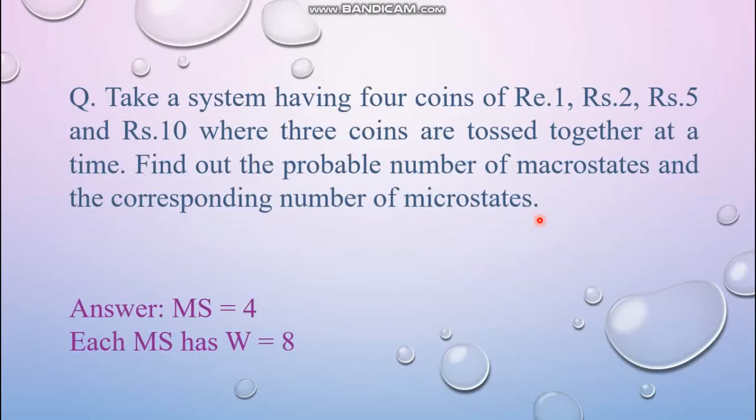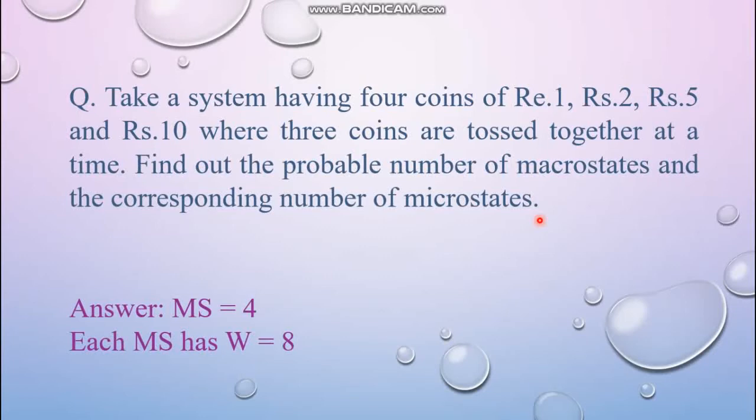Suppose take the example of 2 dice. The probability of a single die was 1 by 6. But when you throw 2 dice together, then the probability becomes 1 by 6 into 1 by 6, that is 1 by 36. Isn't it? So this way you can understand the fact that probability is a multiplicative property.